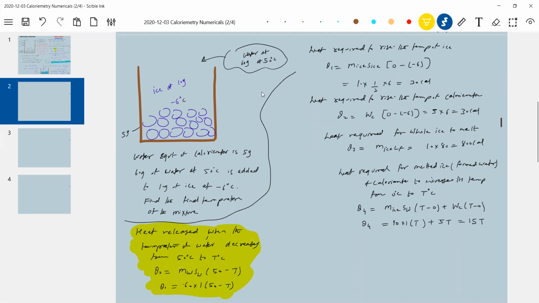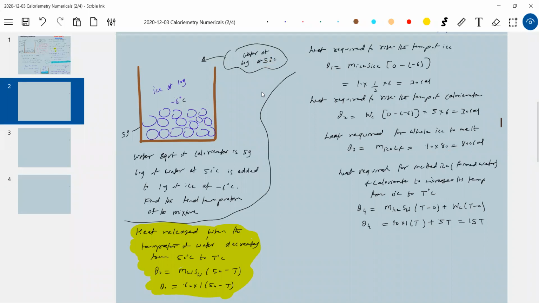So how do you say that the temperature will be greater than 0? If the temperature of water falls from 50 to 0, how much heat is available? 3000 calories. But how much heat is needed for this process 1, 2, 3 to occur? Only 860. So the temperature of water need not fall from 50 to 0.